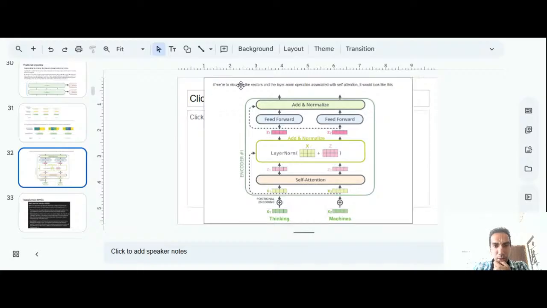And you can see different components. There is self-attention, there is normalization, there is FFN, the feed forward network. There are some things which are not here in the architecture, for example, tokenization and then calculating the embedding.